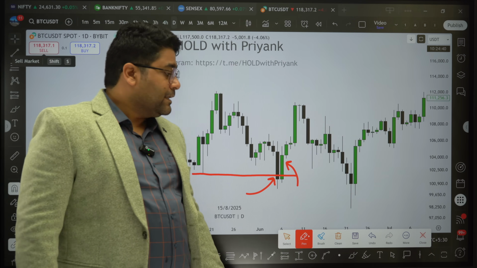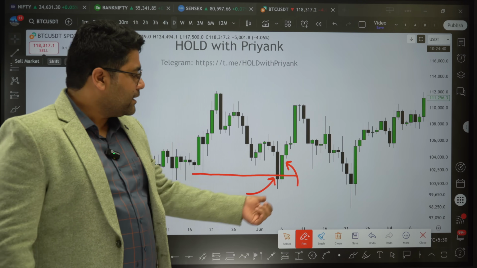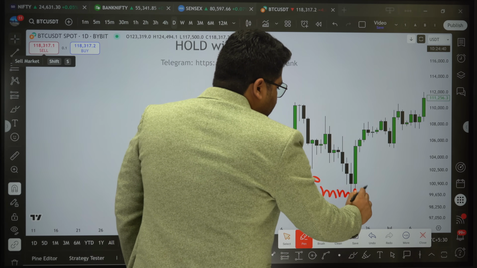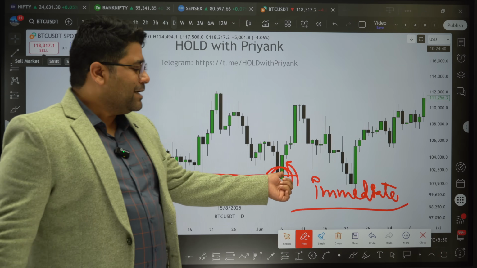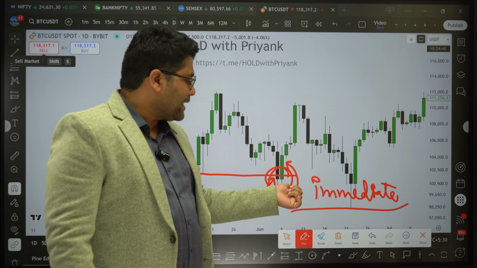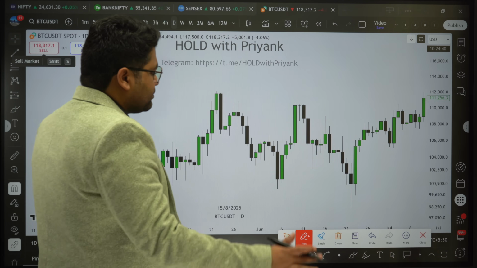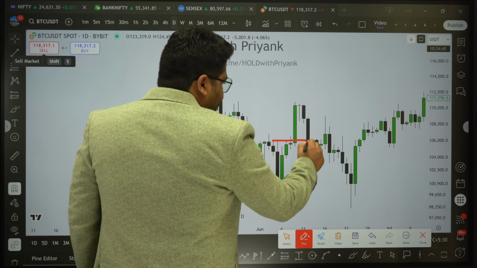Do you see it? Immediately the candlestick came back. You got it? This is what we call an immediate fake out. The candle closed below, the candle closed back. Clear?